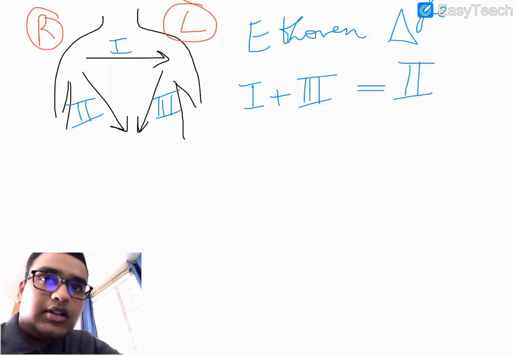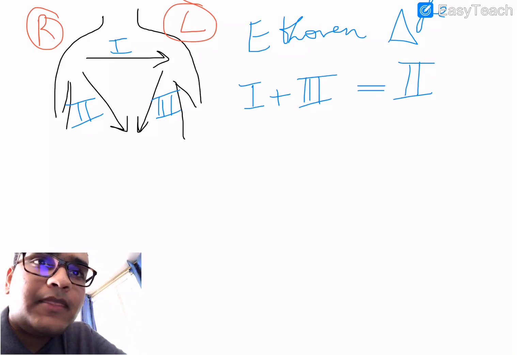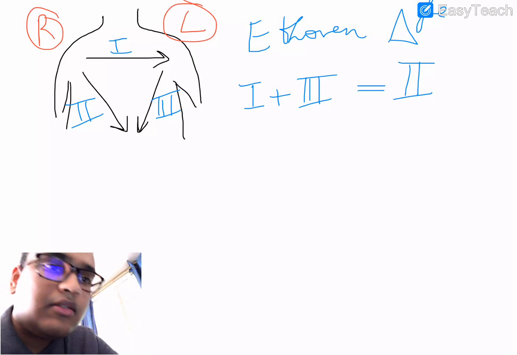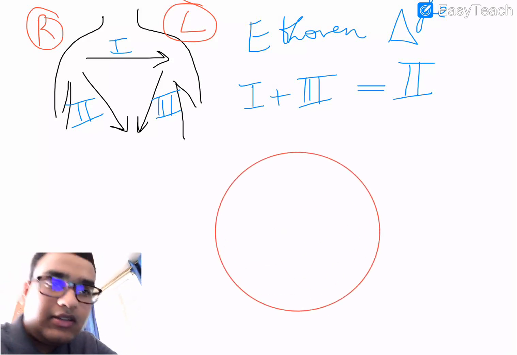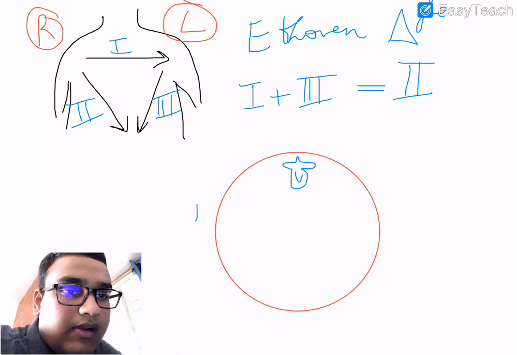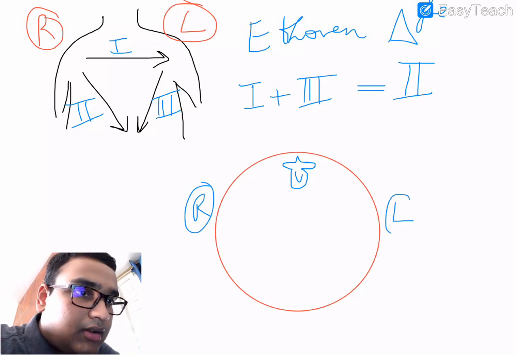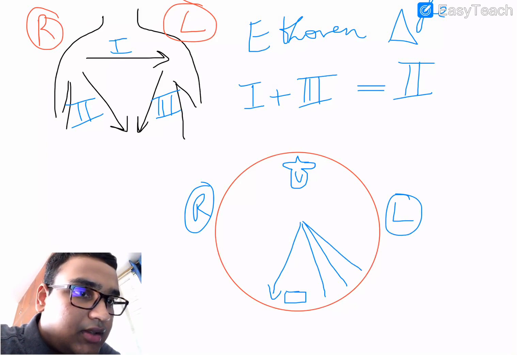Now let's talk about the chest leads. Say this is the cross section of the chest and there's a vertebra here, this is right and left. Here is the sternum, so this would be V1, this would be V2, V3, V4, V5 and V6.